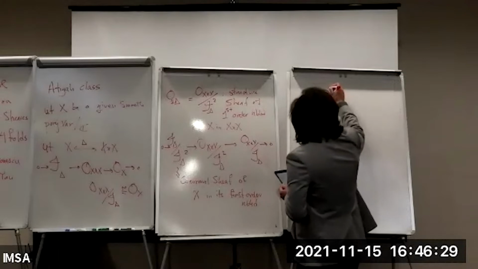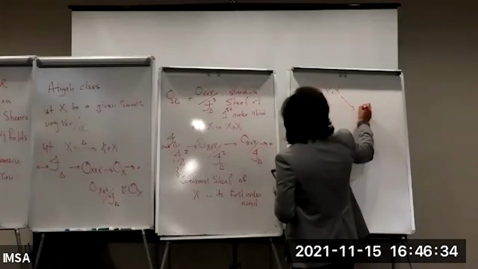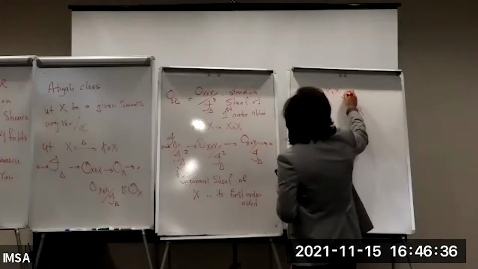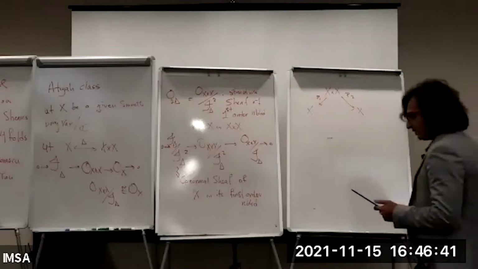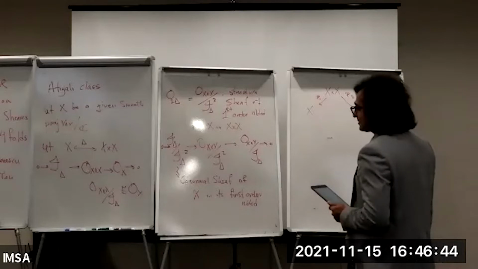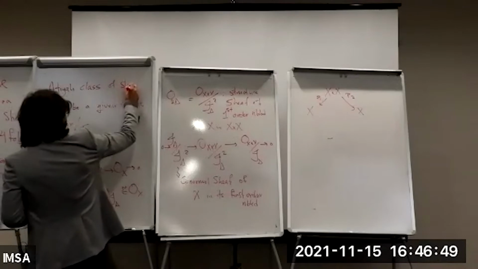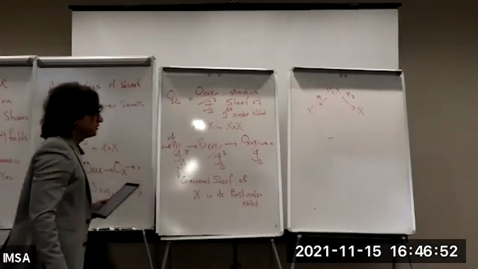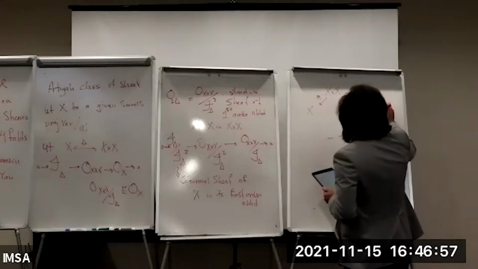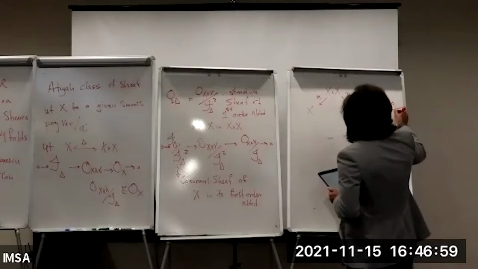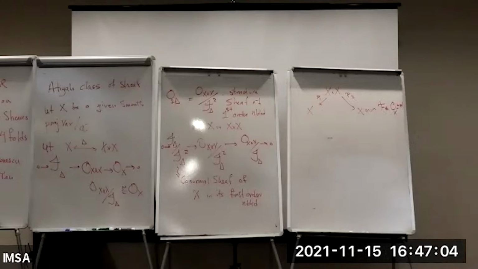So let's look at the obvious projection maps from here. Let's call them P1 and P2. I'm interested in the Atiyah class of sheaves, so I'm defining the Atiyah class for a sheaf. I'm going to pick some sheaf F belonging to the abelian category of O_X modules.